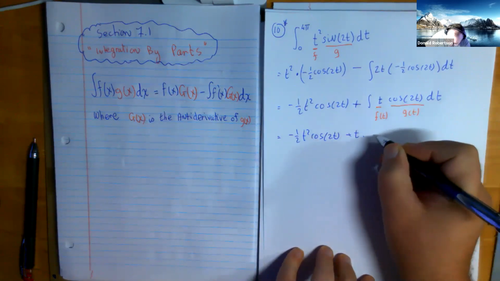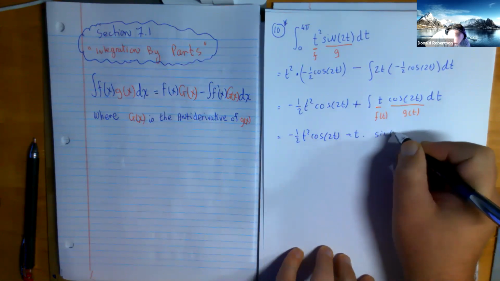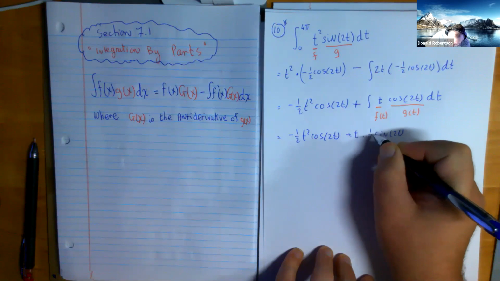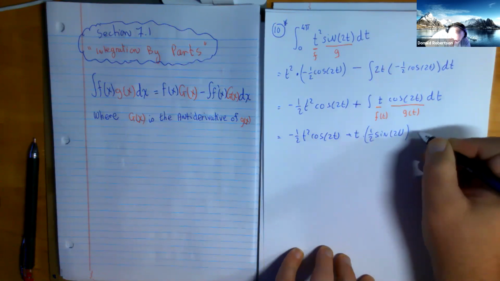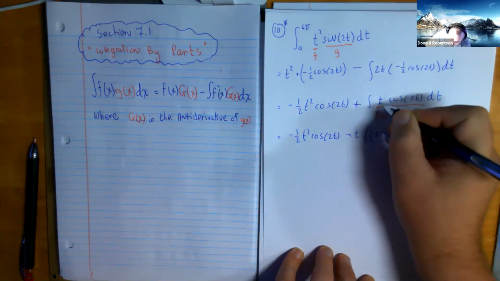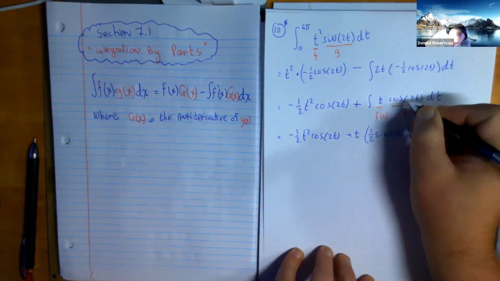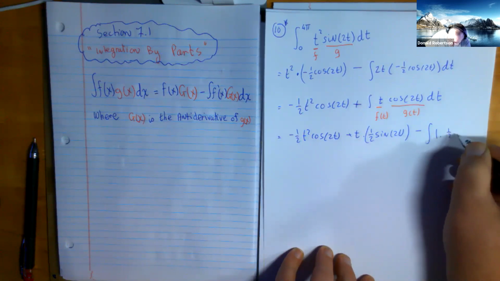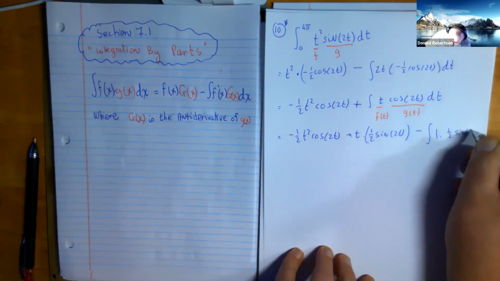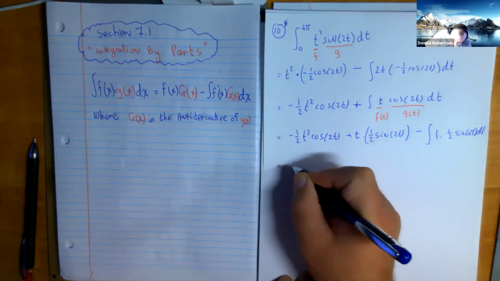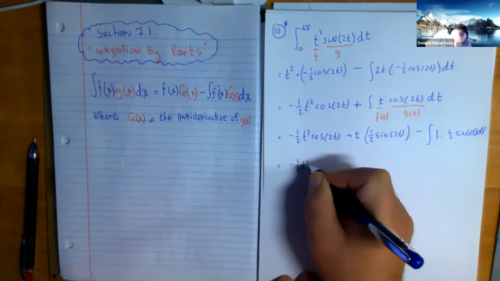Integrate the cosine of 2t, you get the sine of 2t times a half. Subtract. Derivative of that is 1. Integral of that is 1/2 the sine of 2t. So now I have this guy.